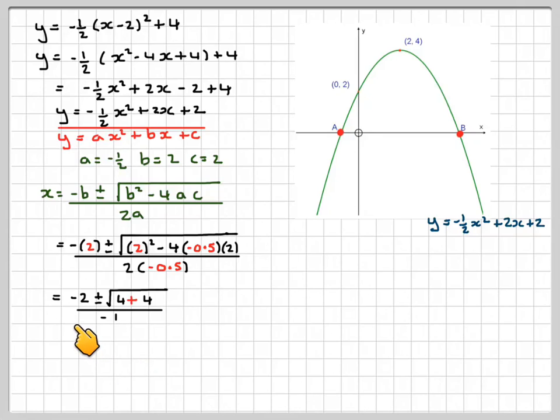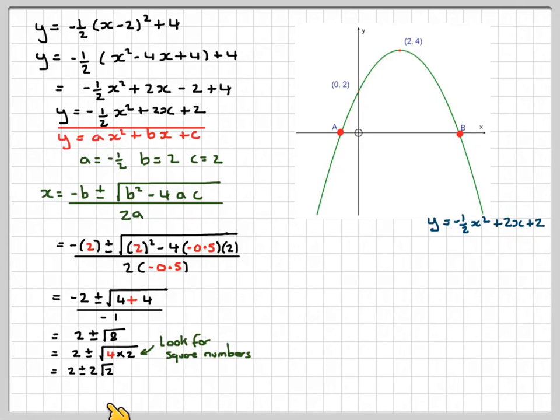So that's going to take that up there, making that one plus 2. And these will be minus and plus, so the sign will still be plus or minus. So we're going to have 2 plus or minus the square root of 4 plus 4, which is 8. Looking for square numbers, well, 8 can be written as 4 times 2, and the square root of 4 is 2, and therefore we're going to have 2 plus or minus 2 root 2.